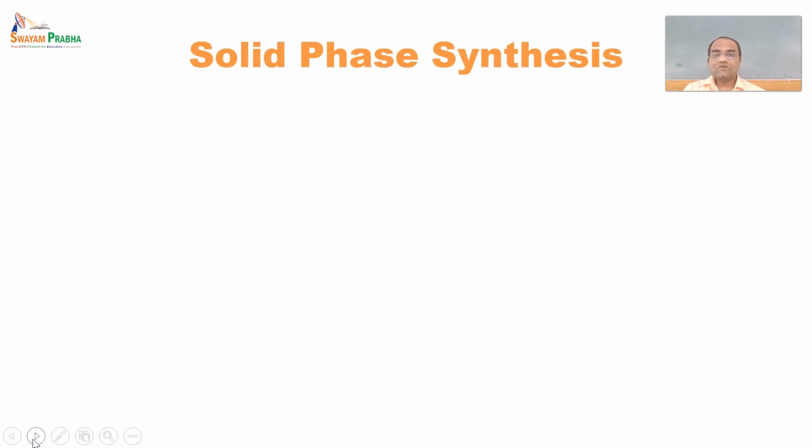Next method, that is solid phase synthesis. The name itself indicates that it has a solid, and this solid has a resin, and the resin is linked with an anchor or linker, and after that it will couple with certain reagents to form peptides.